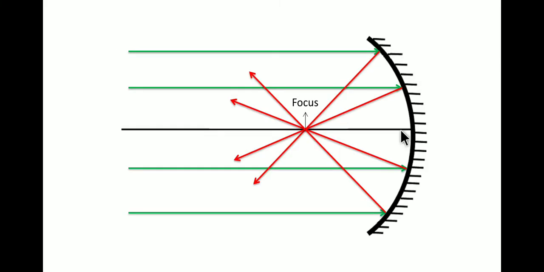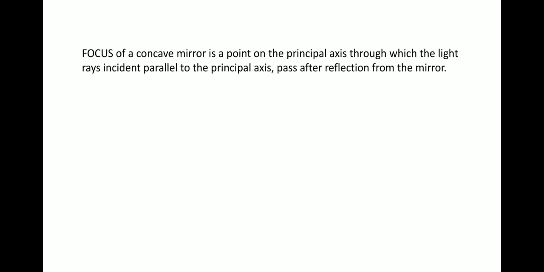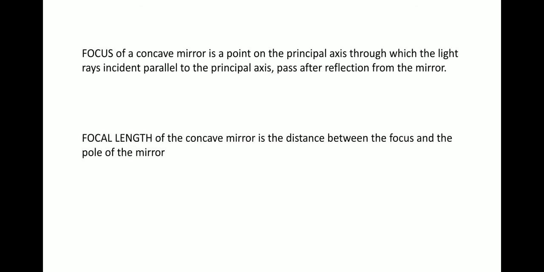You can see that all these rays are parallel to the principal axis, and when these parallel rays of light always pass through a point, they will intersect at the point, and that point is called the focus. Next, the focal length. The focal length of the concave mirror is the distance between the focus and the pole of the mirror.